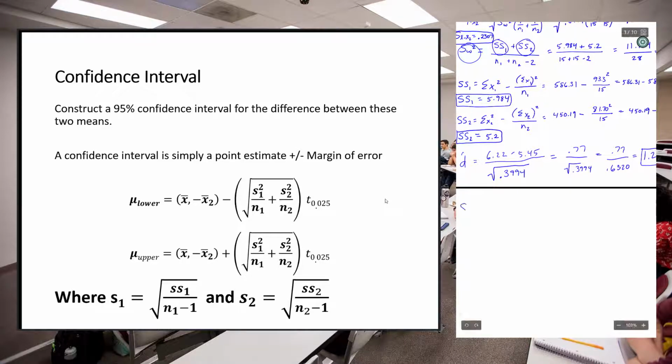So for sample 1, to get our estimate of S1, we have the square root. We already computed the sum of squares for sample 1 of 5.984. I'm getting that right here. Divided by 15 minus 1.